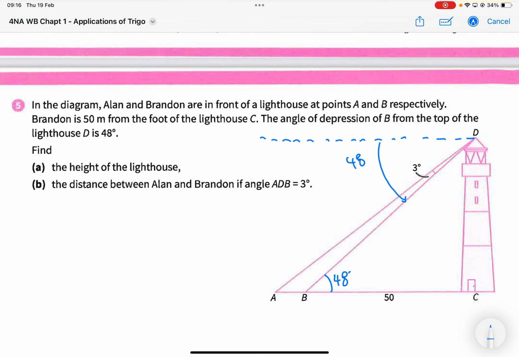Because it is a right angle triangle, it's either Pythagoras or SOH CAH TOA. But for Pythagoras, I need to know this one also. But in this case, I don't know this one. I know this angle. So it becomes SOH CAH TOA. I am using this angle to find this height. This height is opposite this angle.